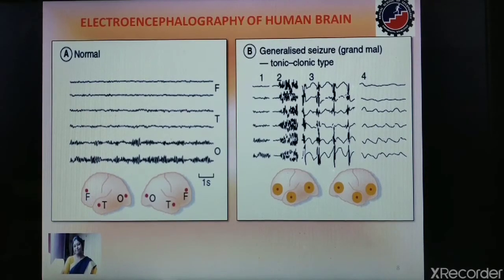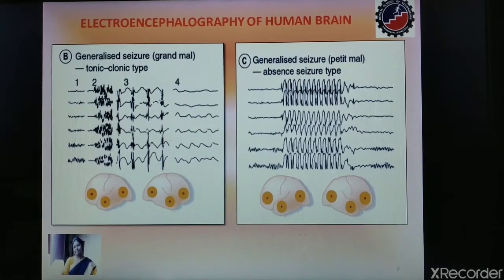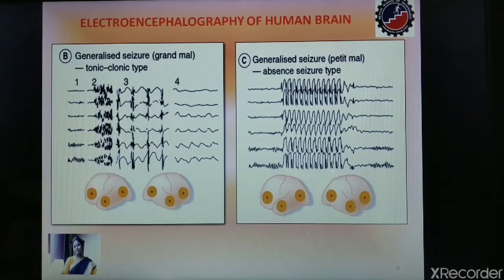Well, with that, let us move on to the difference between the electroencephalograms of tonic-clonic type and absence seizures. The absence seizures, as told, occur only in children and are much less dramatic.